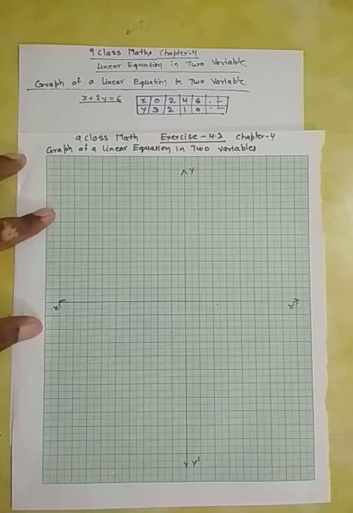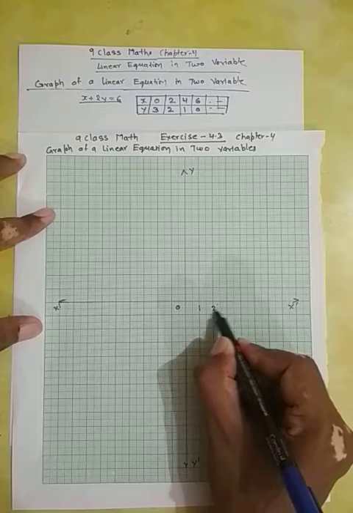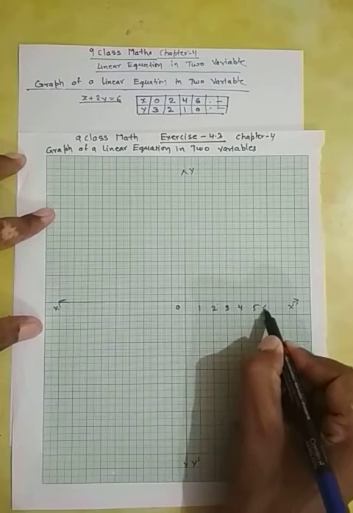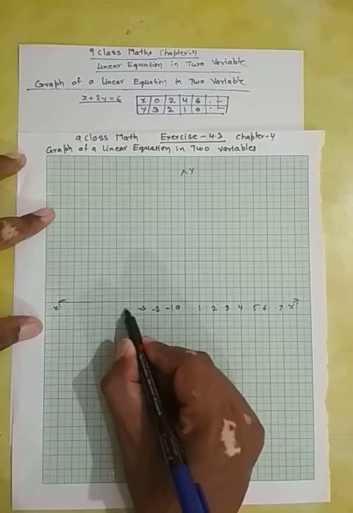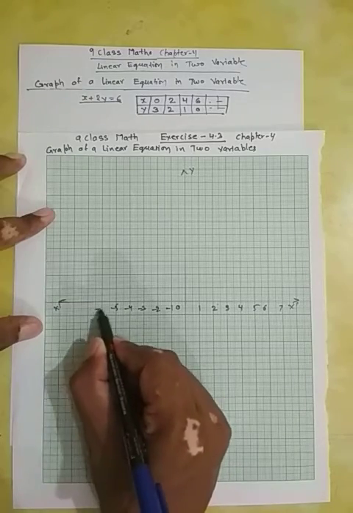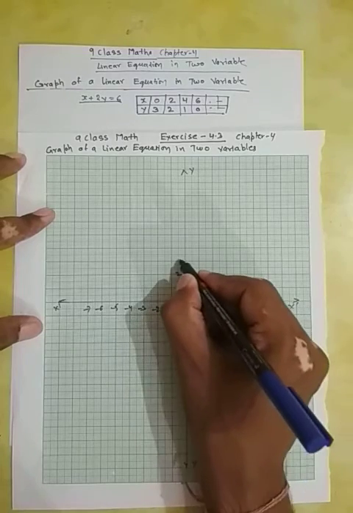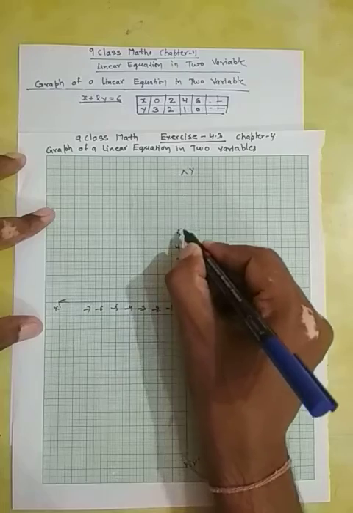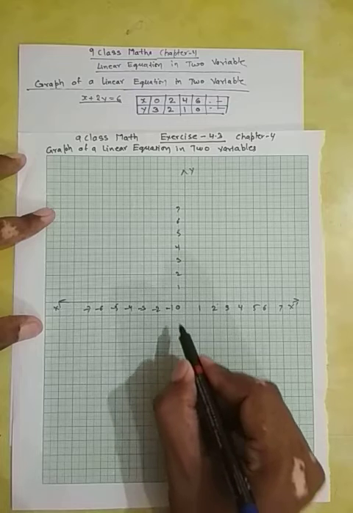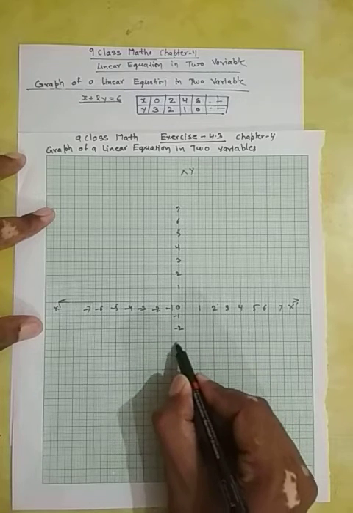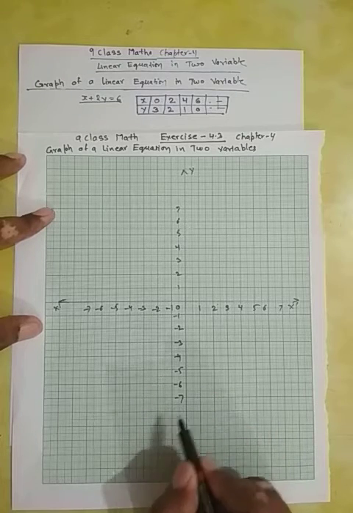We divide the axis in equal parts and write 1, 2, 3, 4, 5, 6, 7 and -1, -2, -3, -4, -5, -6, -7 on the x-axis, and the same on the y-axis.